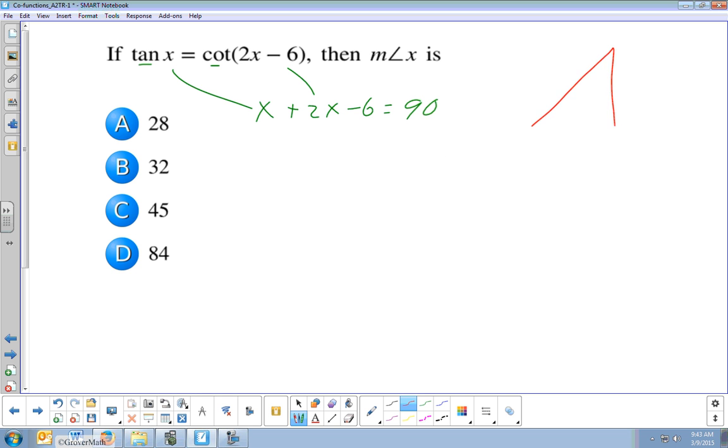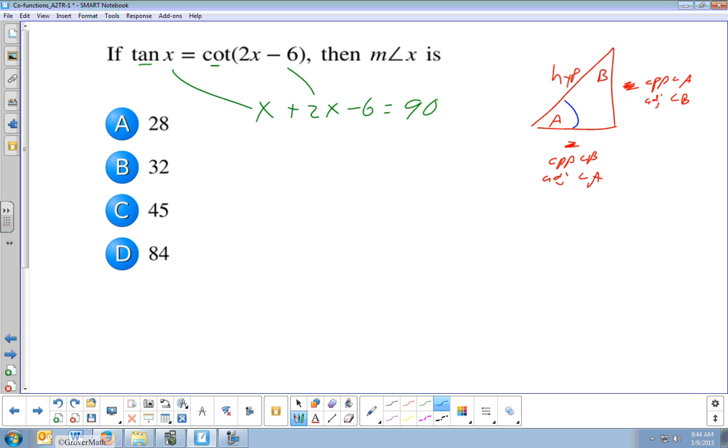If I just draw one more picture here. If I call this angle A and this angle B, this side is our hypotenuse no matter what. But this side right here is opposite angle A, but it's also adjacent to angle B. And this over here is opposite angle B, but it's also adjacent to angle A. So when I do tangent of A, that's this over this, right?